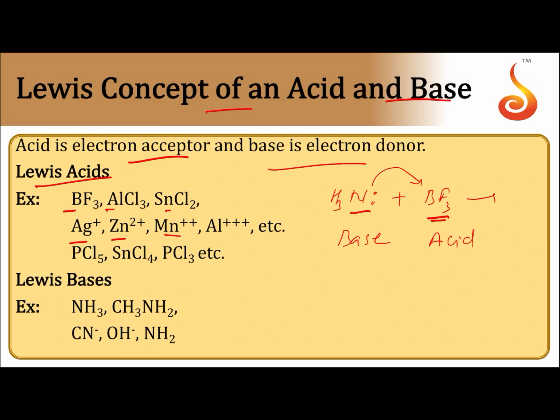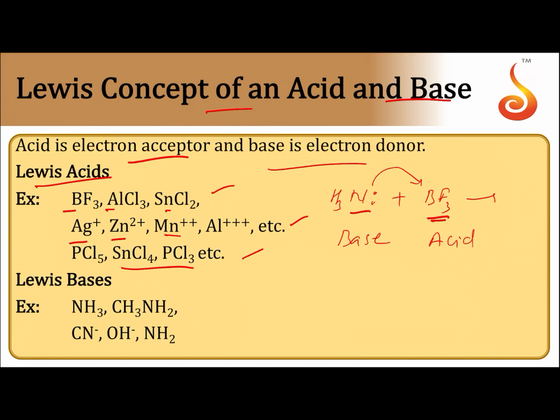And molecules which can expand their octet configurations: they may have an octet or more, but if they are in a position to expand the octet further, they also take electron pairs, hence act as Lewis acids. So molecules which do not have an octet, which have vacant orbitals, or which can expand the octet will come under Lewis acids.